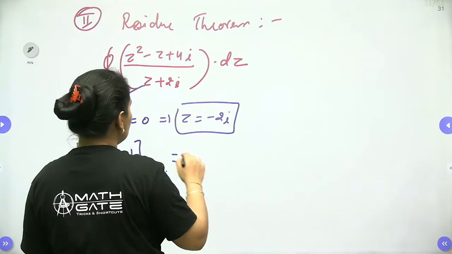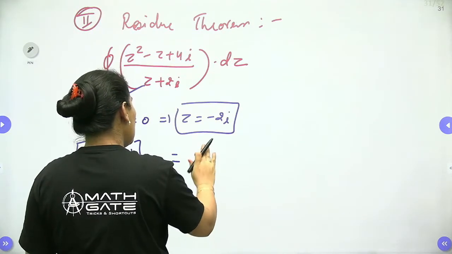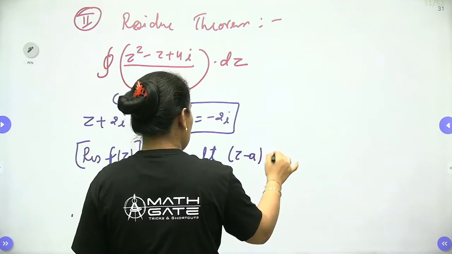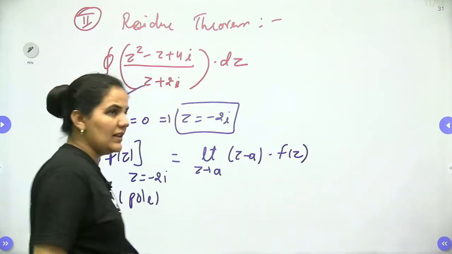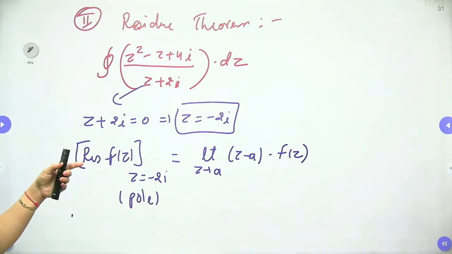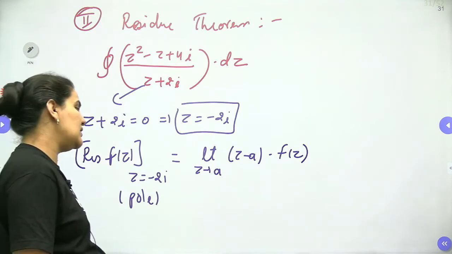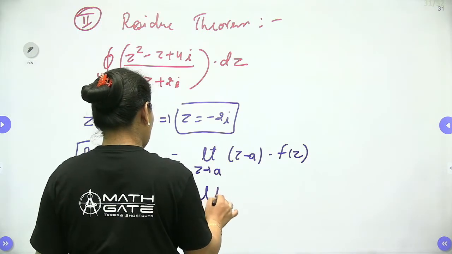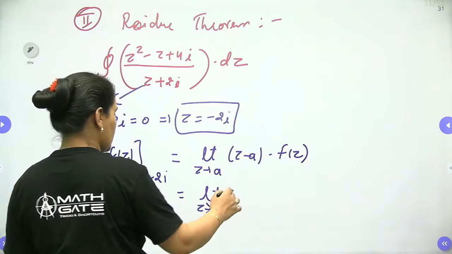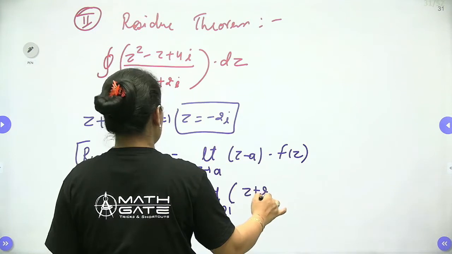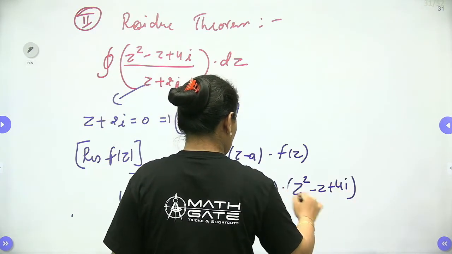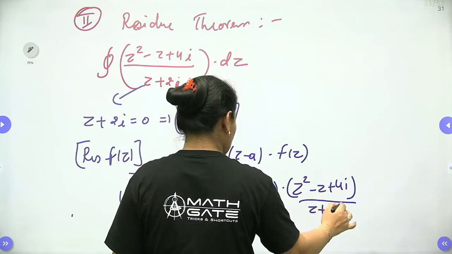So when we approach here, it will be the limit z tends to a of z minus a into f(z). We know very well we are having a single order pole only, so it will be the limit z tends to a of z minus a times f(z). So it will be the limit z tends to minus 2 iota of z plus 2 iota into z square minus z plus 4 iota divided by z plus 2 iota.